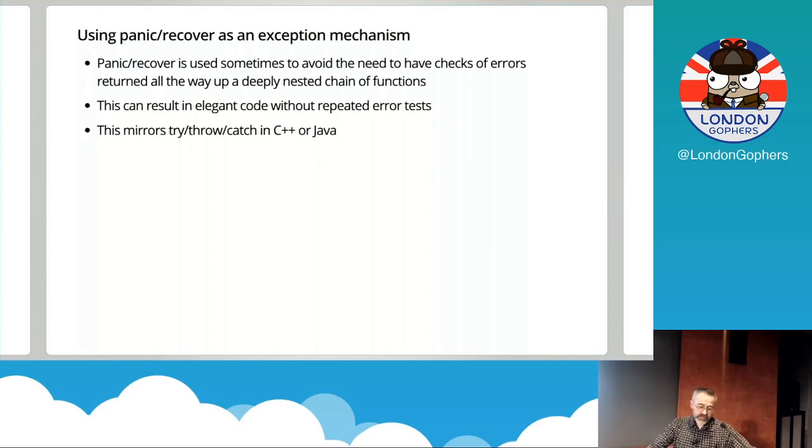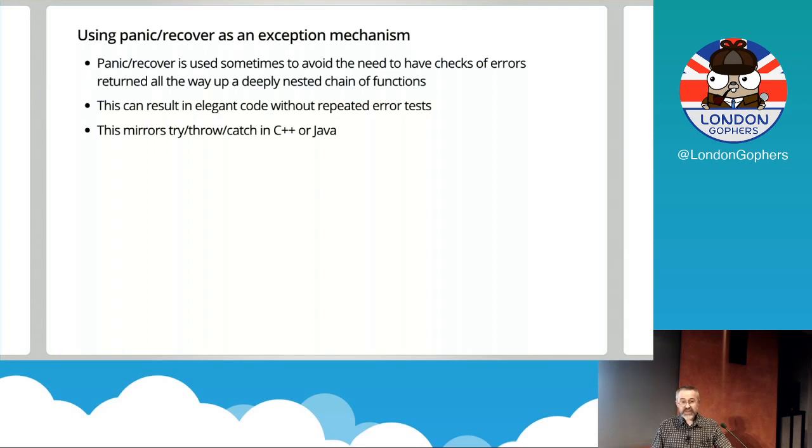You will see panic and recover used as an exception mechanism. You can use it to avoid having lots of if error not equal to nil, return error code scattered through your functions.